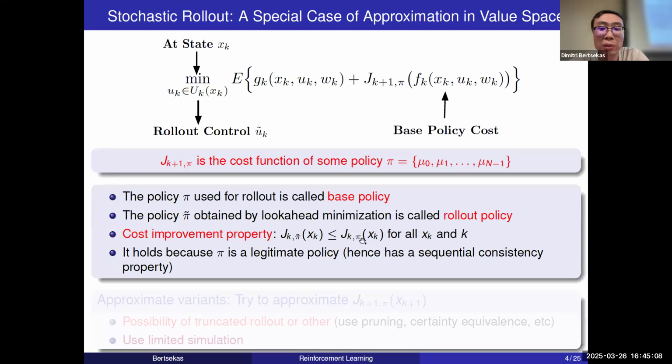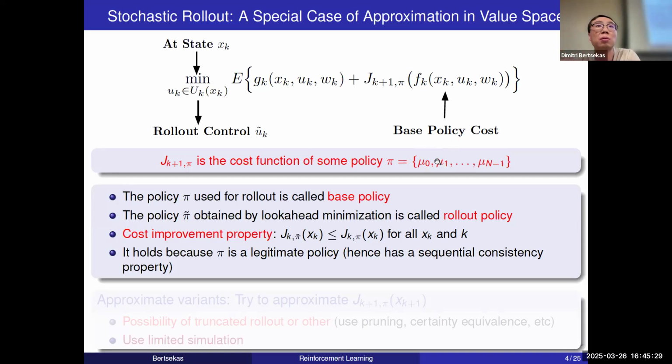And the reason is that we already restricted our attention to base policies. So it's not a heuristic, it's not something more general, but rather a policy. By policy, it means starting from the same state, you're always going to give the same control.